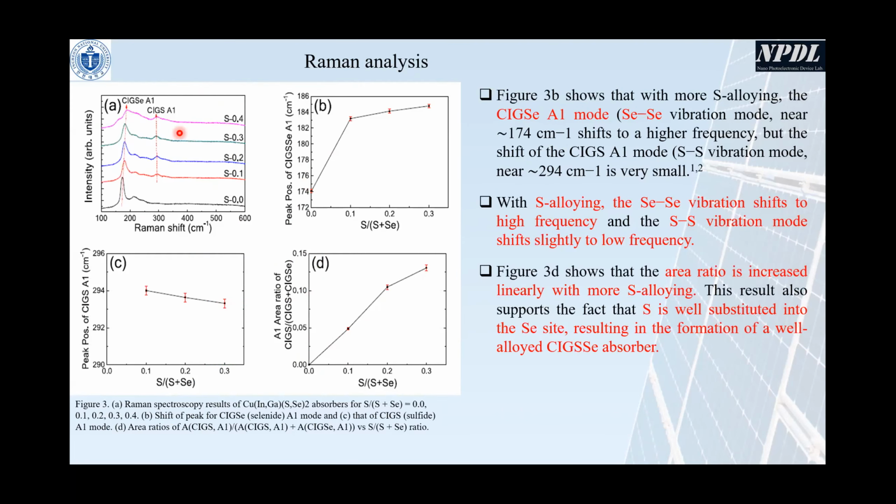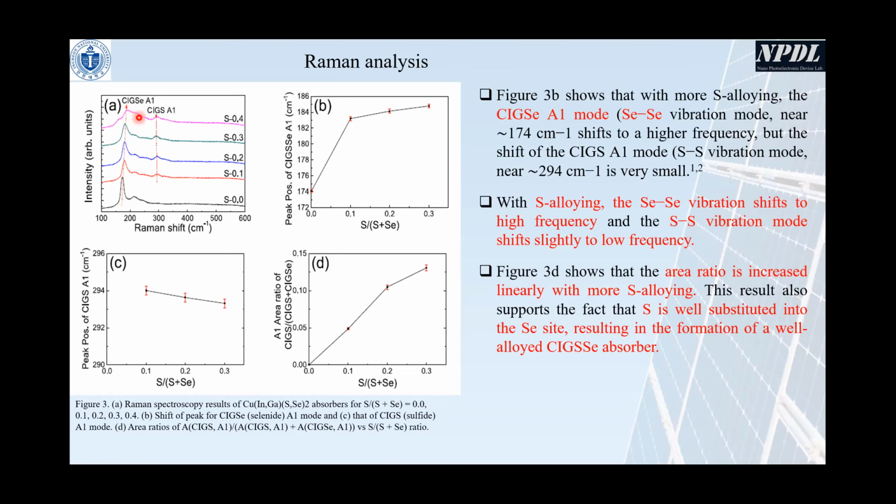In this figure, up to sulfur 0.3, we observed a sharp peak, but in the case of sulfur 0.4, the peak is not so sharp. That means it is not a single peak, and a secondary phase has appeared. We further analyzed the secondary phase to see which types of phases are present in this spectrum.